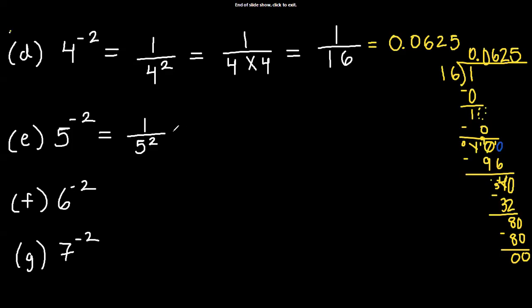So it's 1 over 5 squared, and then it's equal to 1 over 5 times 5, which is equal to 1 over 25. Excellent. Did anyone else get 1 over 25?